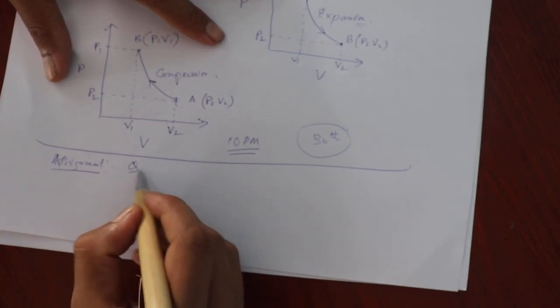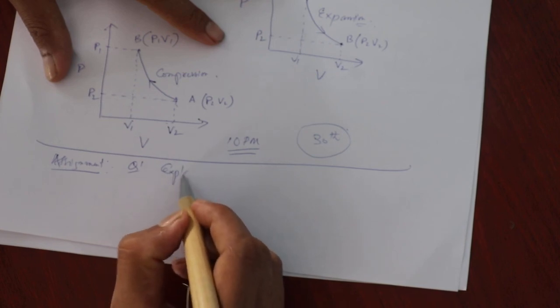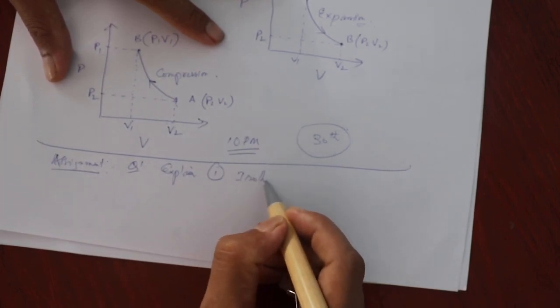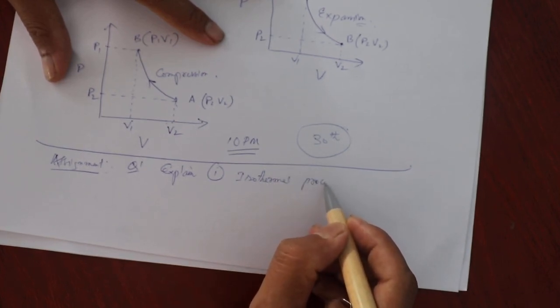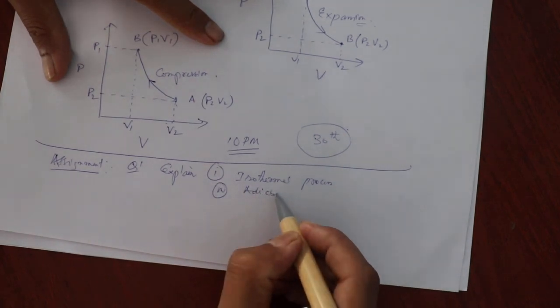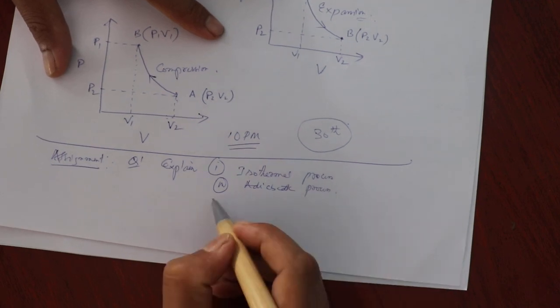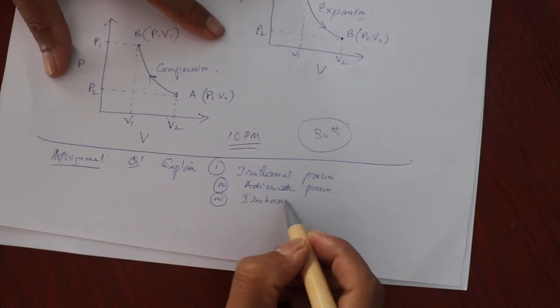The first question is, explain: number 1, isothermal process; number 2, adiabatic process; number 3, isobaric process.